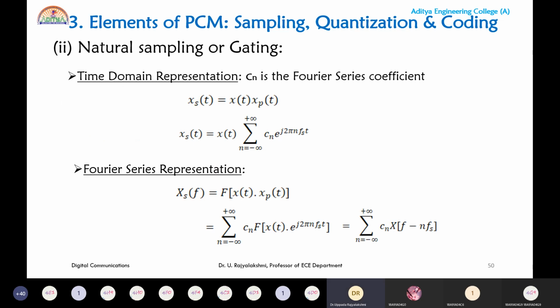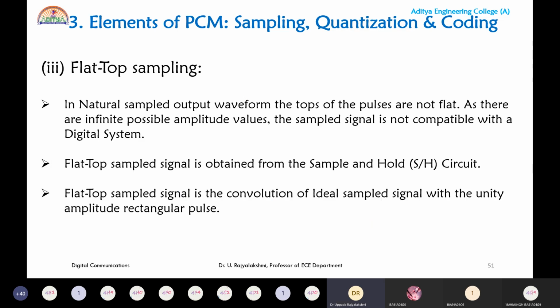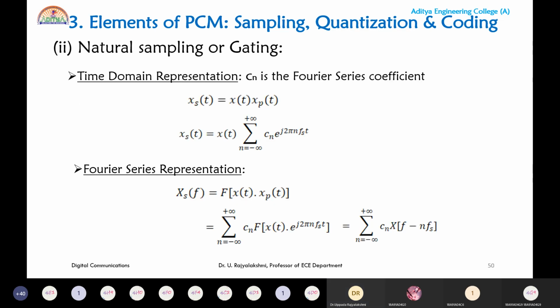So this is the time domain description and frequency domain description of natural sampling. How can we generate the natural sampled signal? x of t is multiplied by a series of pulses: x of t into xp of t is xs of t. Here xp of t can be defined as a series of pulses, or a series of rectangular amplitude pulses.